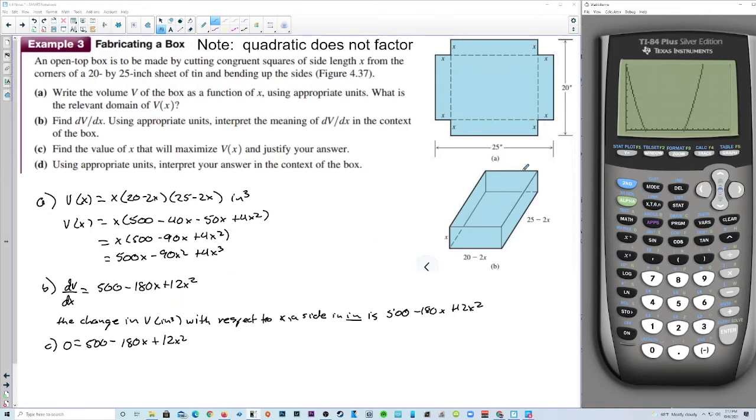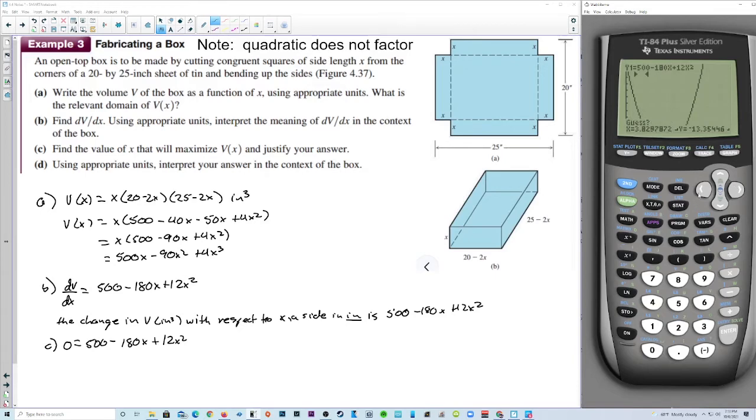Now, we're looking for a maximum value, and when the derivative goes from positive to negative, then we have a maximum value. So we need to find this first 0 here. We're going to calculate a 0. Left bound 10. No, I don't think so. Let's go left with this. There we go. Enter. And we'll go right until those y values are negative.